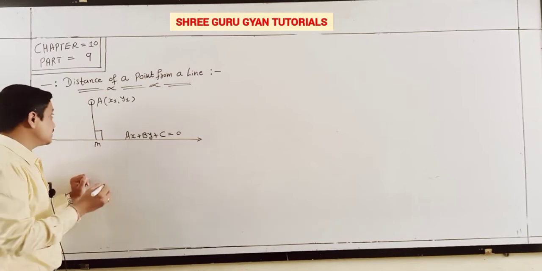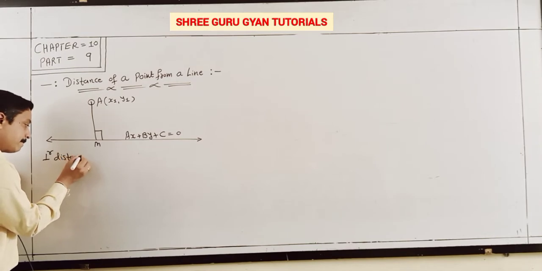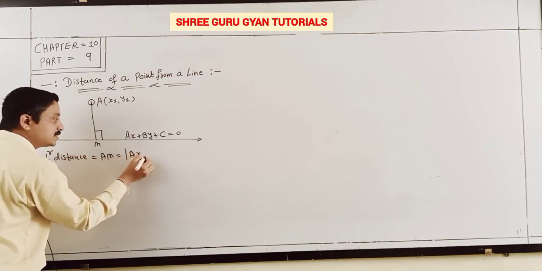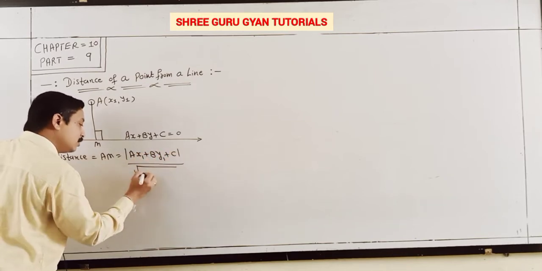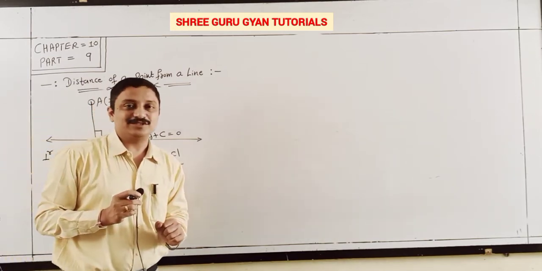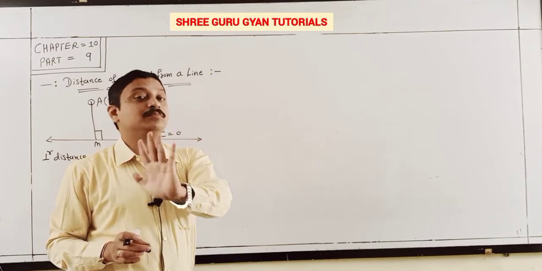So students, I just write down our perpendicular distance AM, very easy: modulus of ax1 plus by1 plus c upon under root a square plus b square. That is the standard formula for the perpendicular distance from the point x1 y1 to any line.